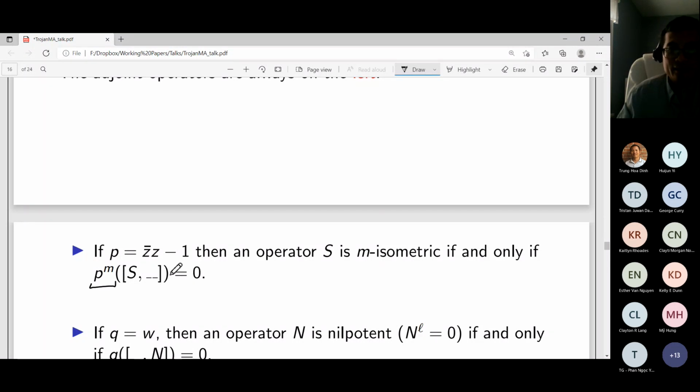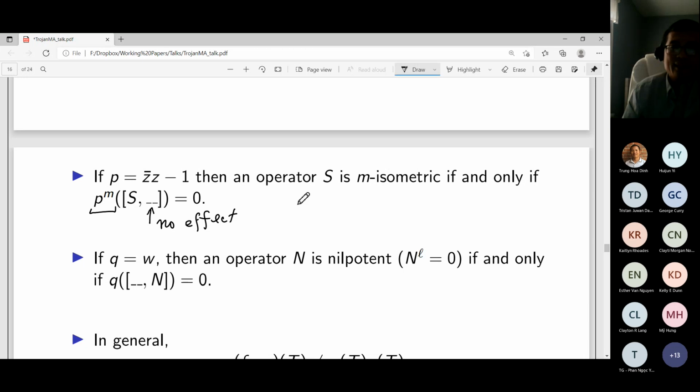The polynomial here has only z, it doesn't have w, so it doesn't matter what we put in here. It has no effect when we use the hereditary functional calculus, because p to the m doesn't have any w in it. So that's why it's important.